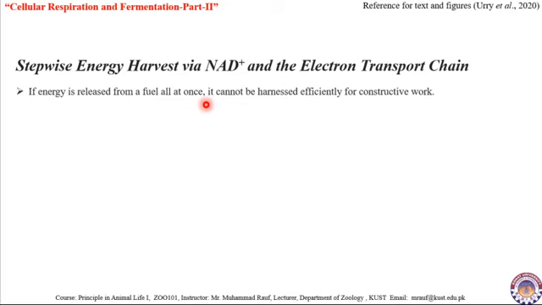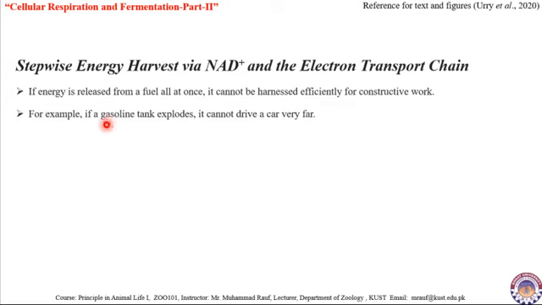Now this process is divided into so many steps because energy is produced slowly and gradually, at a rate which is feasible for the cell to accumulate this energy slowly and gradually.